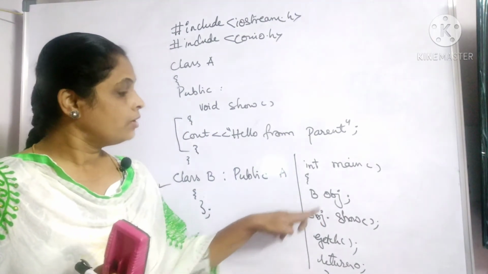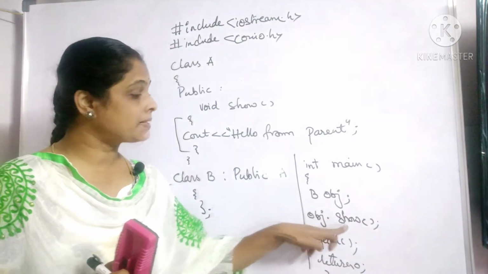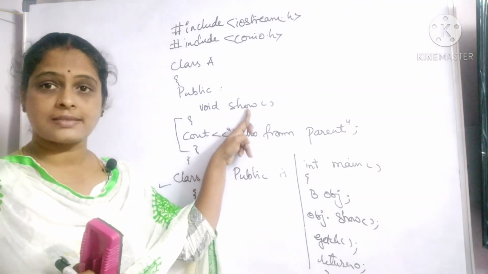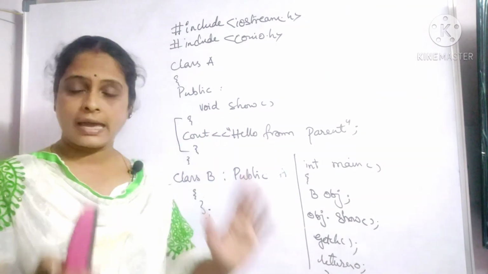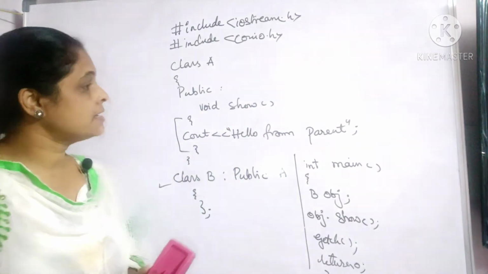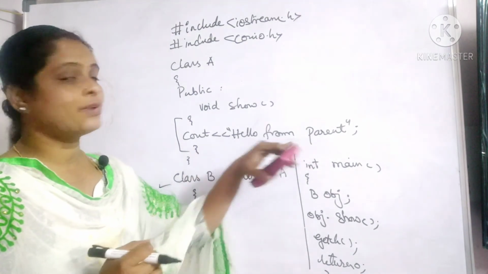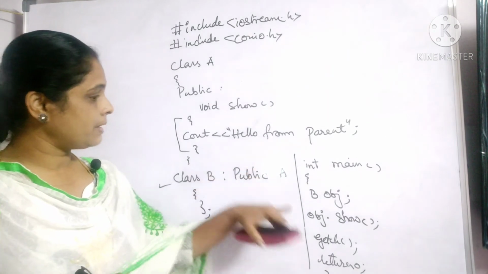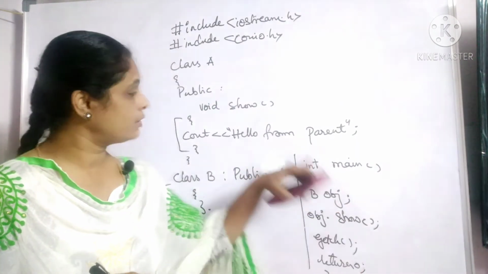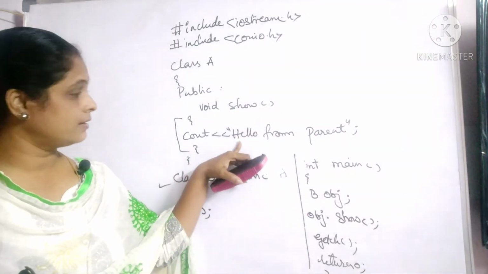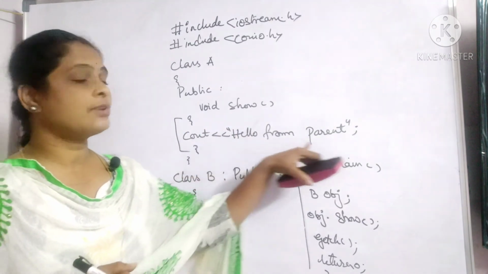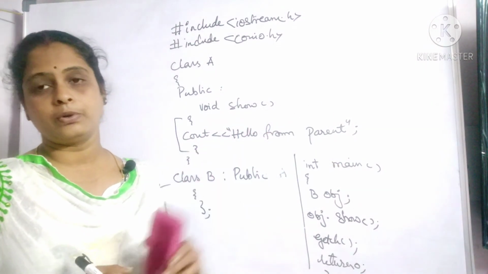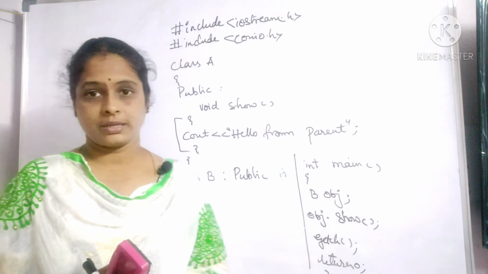Using this object I am accessing the parent class method, and the output will be hello from parent. When I call the show method, the control will pass here, and what is there in the show method? Hello from parent. That will be the output of this complete program.